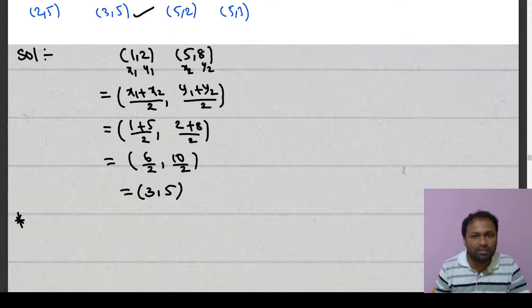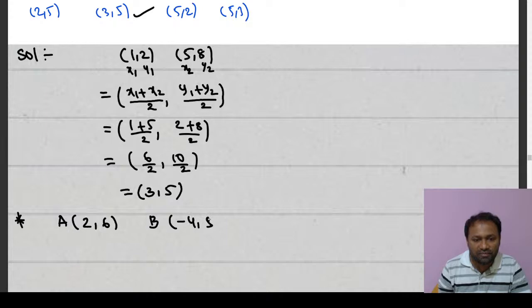Already we did internal point, no? Now I'm going to do external point. Okay, for example, A is the point 2 comma 6 and B is the point minus 4 comma 8, I will take.